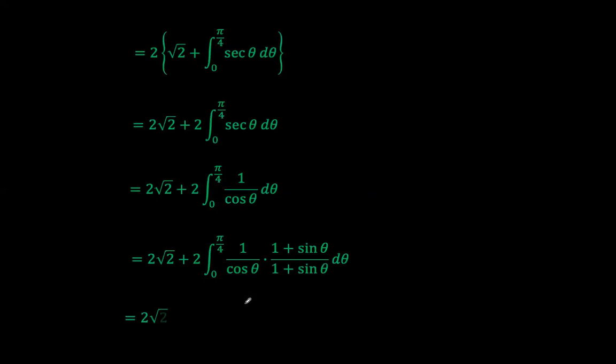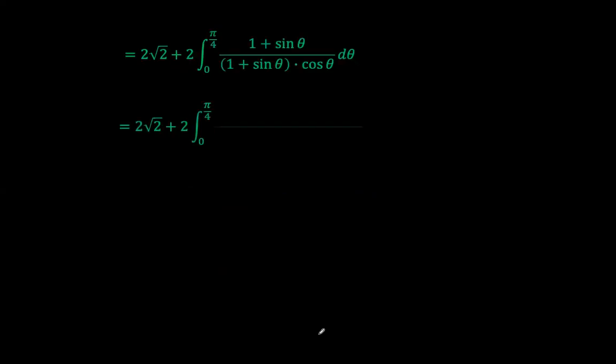When you multiply this across, we have 1 plus sine theta over the product of 1 plus sine theta and cosine theta. Now 1 is the same as cosine squared theta plus sine squared theta. So when we plug that in, we have cosine squared theta plus sine squared theta plus sine theta over 1 plus sine theta times cosine theta.